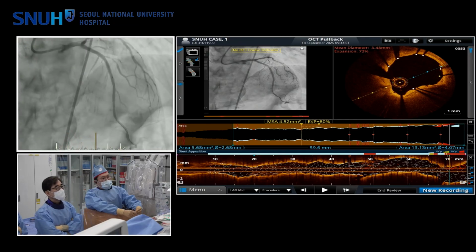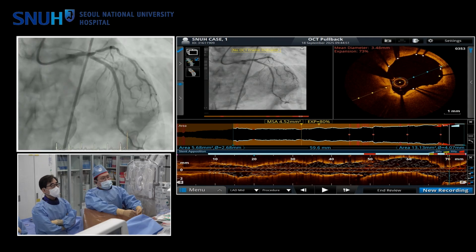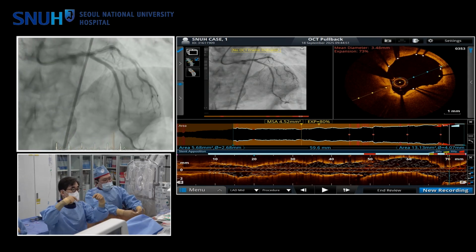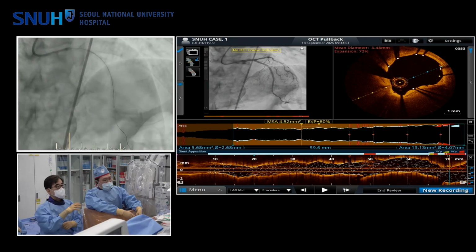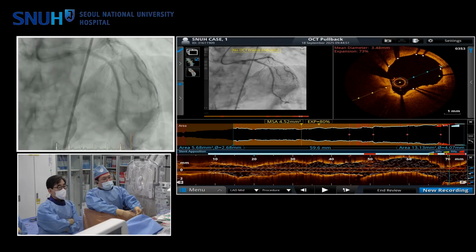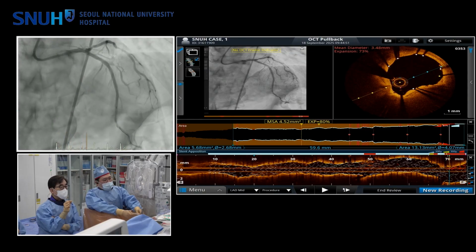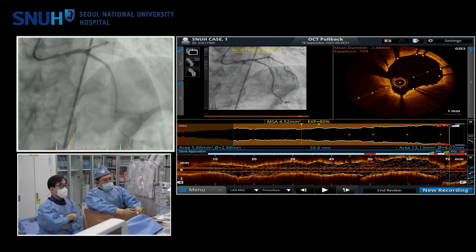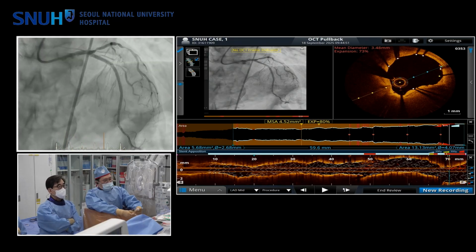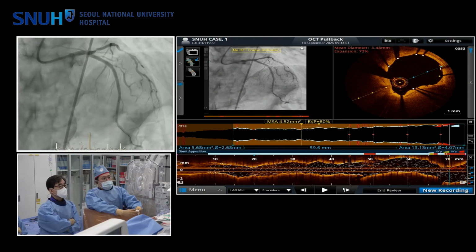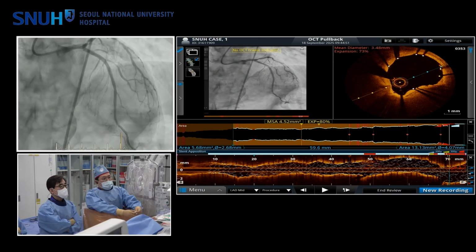You are not satisfied with that? Yes, we are satisfied. There is some ectatic portion in a certain part of the circumference, and at that point the stent strut is separated from the ectatic wall, but that is not a problem. A focal malapposition, but clinically not important.